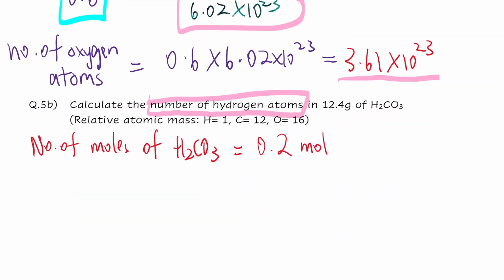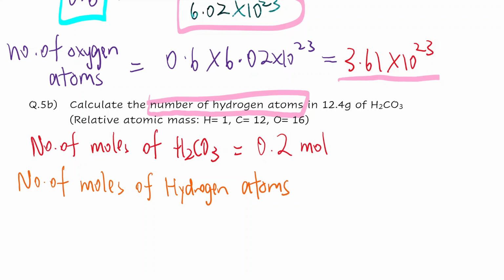I would need to find the number of moles of hydrogen atoms now. So again, you take the number of moles of the carbonic acid and times it by the number of hydrogen atoms in carbonic acid. So here you can see that there are 2 hydrogen atoms present there. So you times it by 2. And there you go, 0.2 times 2, very easy, 0.4 mole.